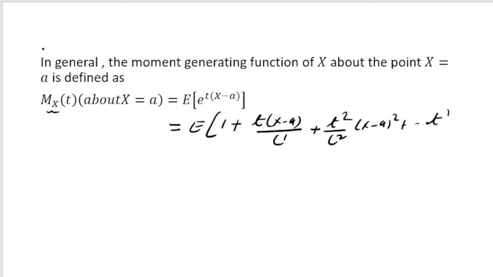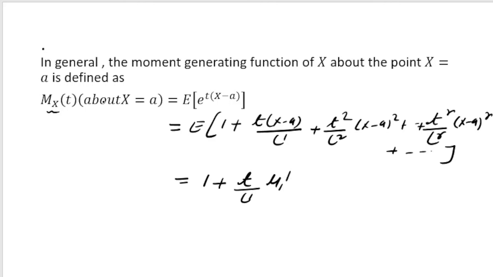The general term will be t to the power r by factorial r, times x minus a to the power r, and so on. If I again use the property of expectation, it will be 1 plus t by factorial 1 and mu1 dash, the expectation of x minus a about the point a, which I am representing by mu1 dash, then t square by factorial 2 and this will be mu2 dash, and so on, t to the power r by factorial r, and this will be mu r dash, and so on.